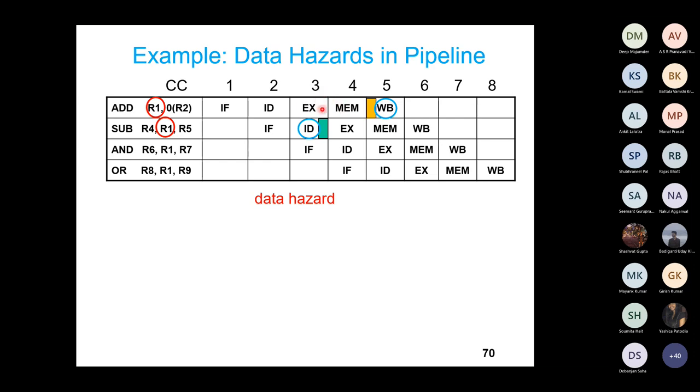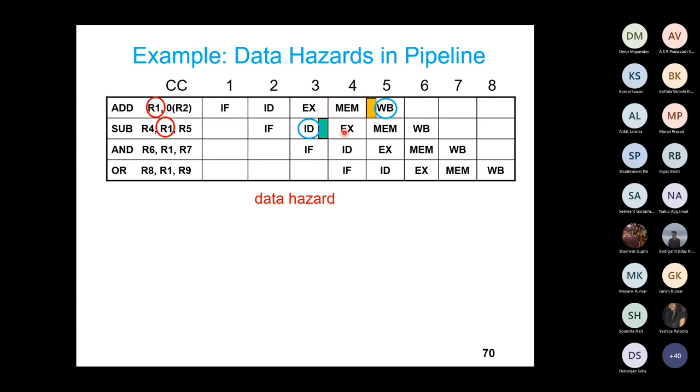So at the end of the 3rd clock cycle, the current value of R1 is already stored in this interface latch, whereas in order to execute the subtract instruction, I need it before the execute stage here. So it is already in the system.